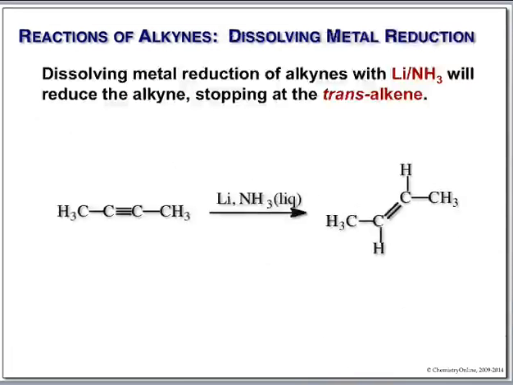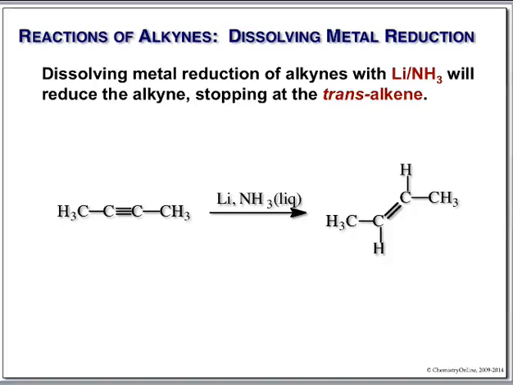We can also do partial reduction and get the trans isomer. Remember we talked about dissolving metal reduction. We took little bits of zinc or something and added it in acid and it fizzed, right? I said that it fizzed because it was making hydrogens, little hydrogen radicals running around. Well, if you do that with an alkyne present, typically you use lithium and liquid ammonia as your solvent.